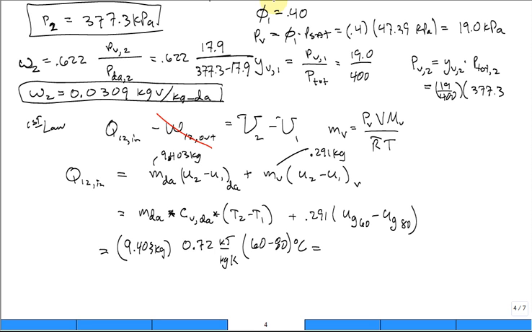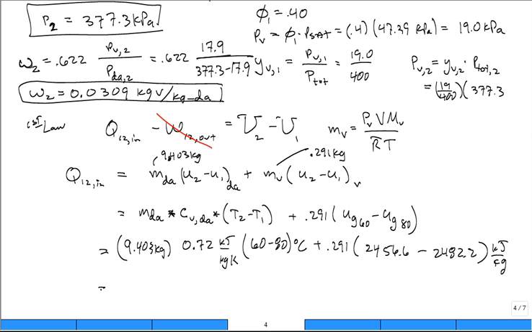Let me do this. 0.291. What is u at 60? 2456.6 minus 2482.2 kilojoules per kilogram. All right.